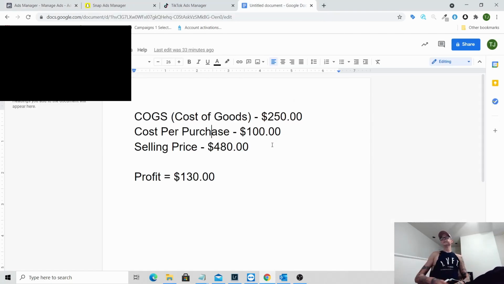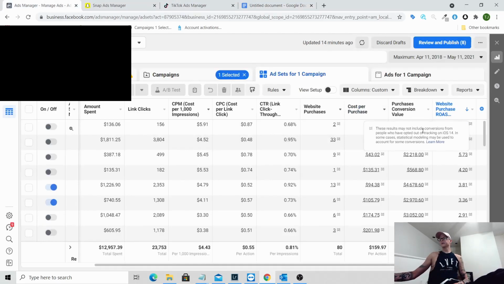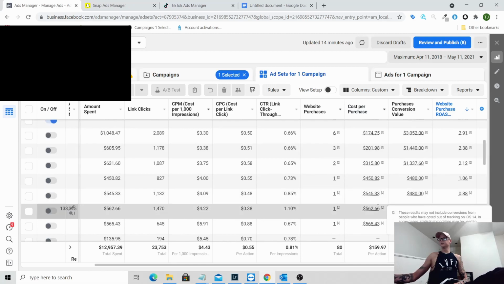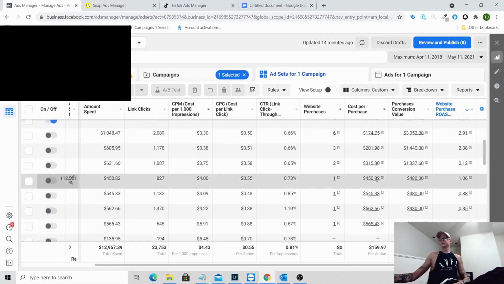So for this company, the cost of goods is fairly high, $250, right? And at the time they were selling it for $480. Now let's go back here, and we could determine based on this information here. If you scroll down a little bit, we have some that are super high, and I believe the owner turned some of these back on because he thought he knew the audience and how to work the system.